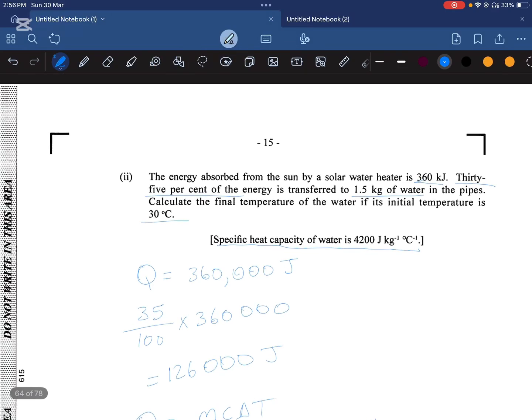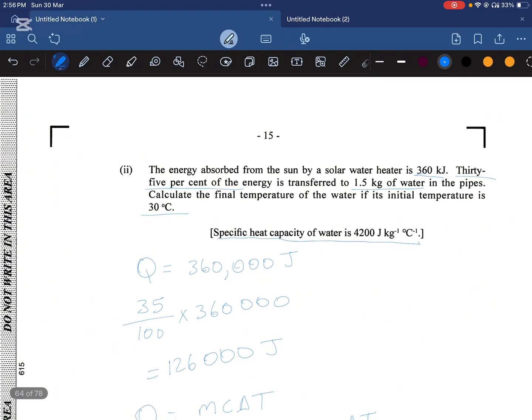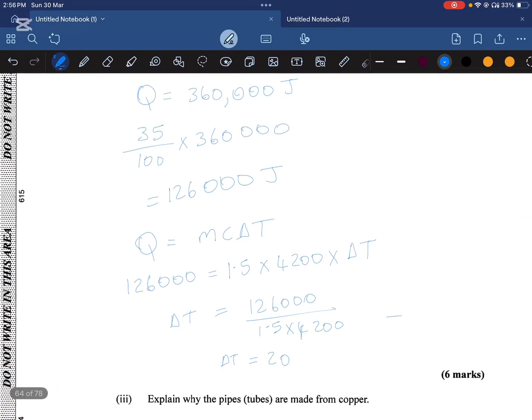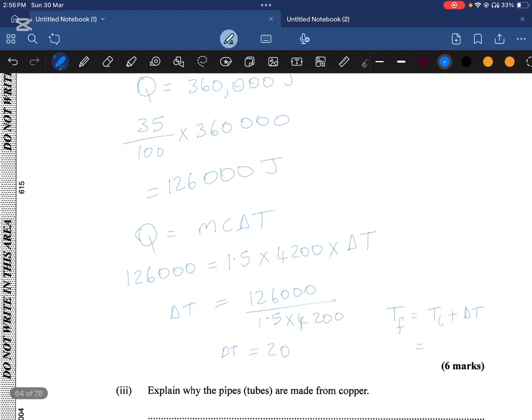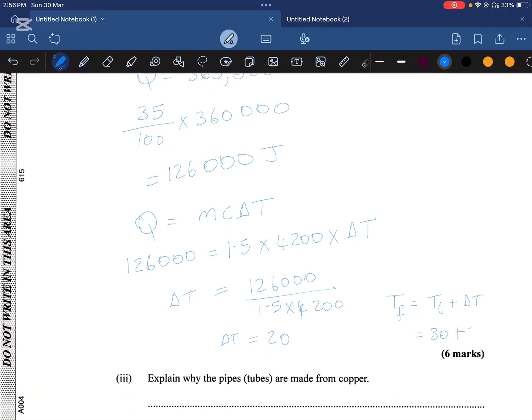Now it asks us for the final temperature. Therefore, the final temperature would be the initial temperature plus the change in temperature. The initial was 30 degrees, and we're adding 20 as the change, so therefore the final temperature is 50 degrees Celsius.